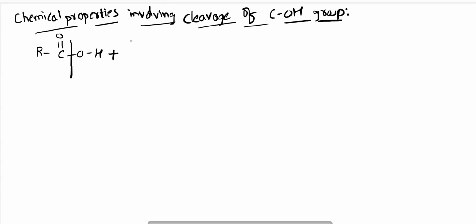Such chemicals I'm going to add, like alcohol I can use, like PCl5, PCl3, SOCl2 I can use, or I can use ammonia also, or I can use any same type of carboxylic acid also.